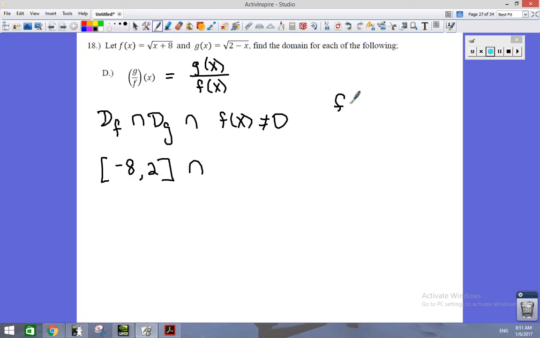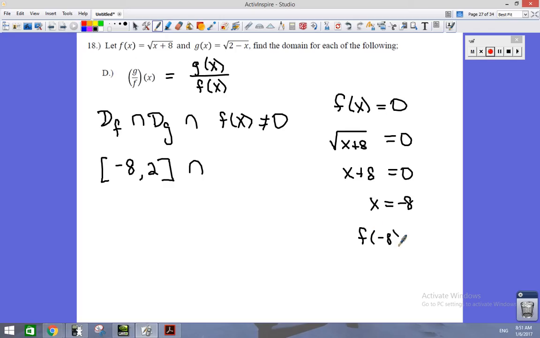So we come over here and we temporarily say, well, what input would cause an output of 0? And if f is the square root of x plus 8, square both sides, and we see that if x is equal to -8, that f evaluated at -8 is 0, and we need to avoid that. So we need to take the value -8 and throw it out of the domain.